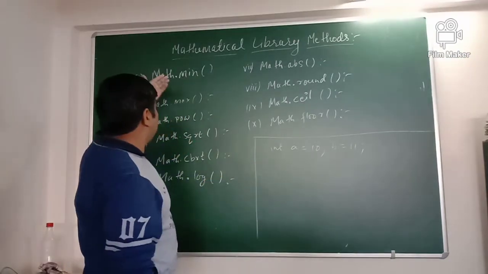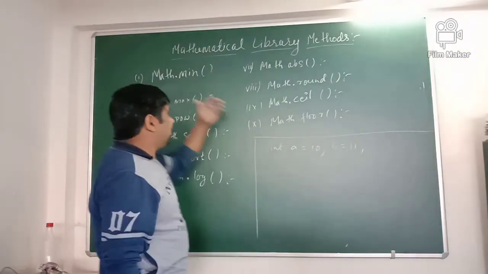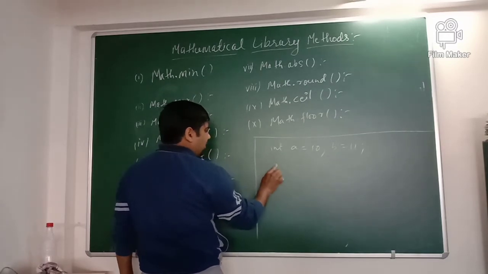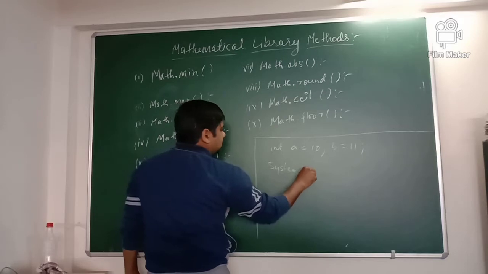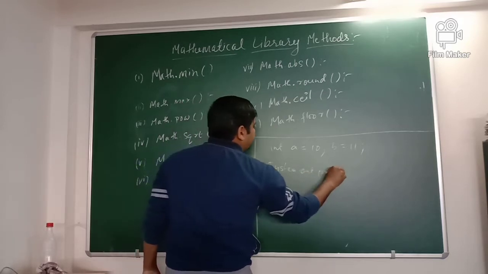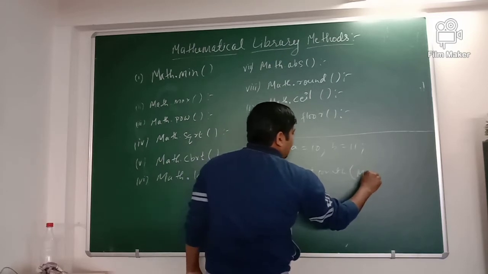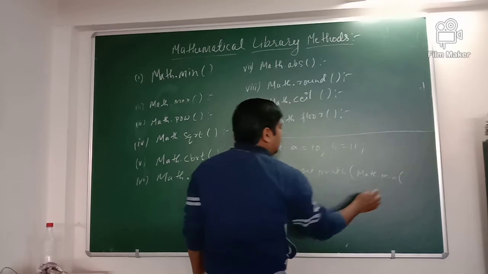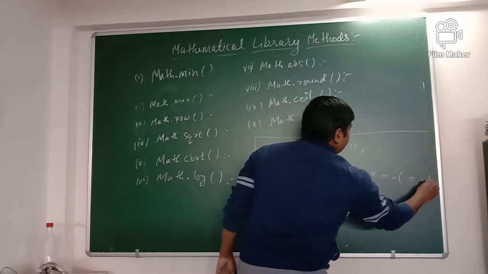So how do we find the minimum of these two numbers using a method? We can simply write System.out.println, and inside it Math.min, and within the bracket we write 10 comma 11.